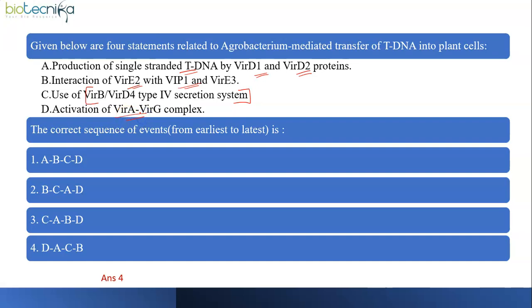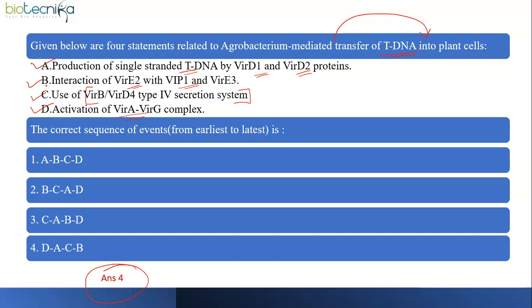Now you need to identify the correct sequence of events that will occur during the gene transformation from the bacteria into the plant cells. As you can see, the correct sequence is DACB. That means virulence A and G will be activated first, T-DNA will be synthesized, it will interact with some group of proteins, and finally via a conjugational pore it will be transported to the plant cell.